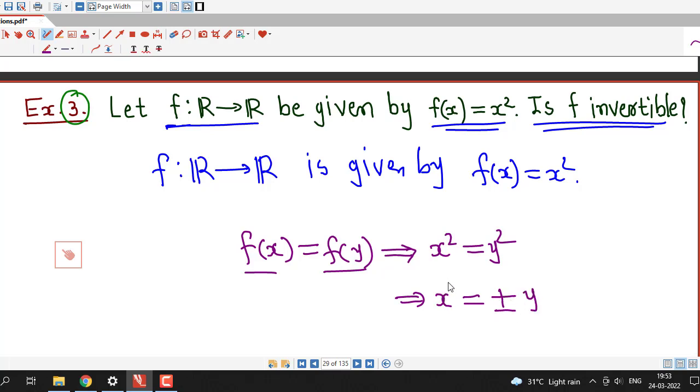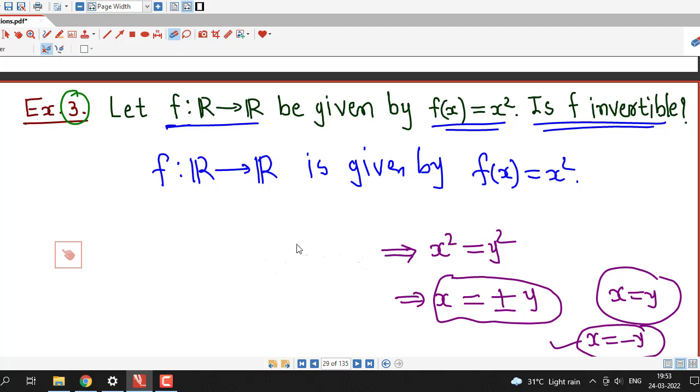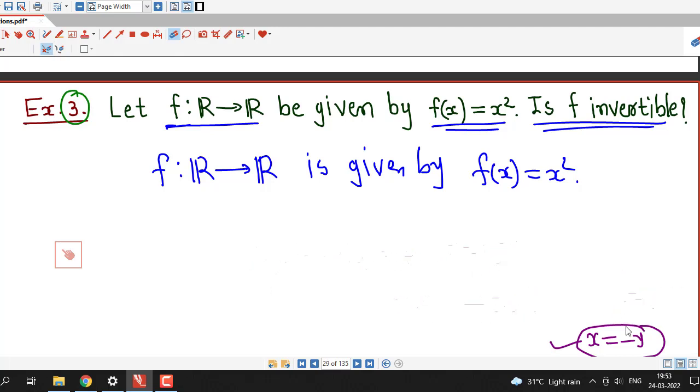So here we can see that if we had obtained x equal to y only, then we can say that the function is 1-1. But here another possibility is x is minus y. So that means x and y can be different and f(x) and f(y) can be equal. So there are chances that we obtain distinct elements but their images are not distinct.